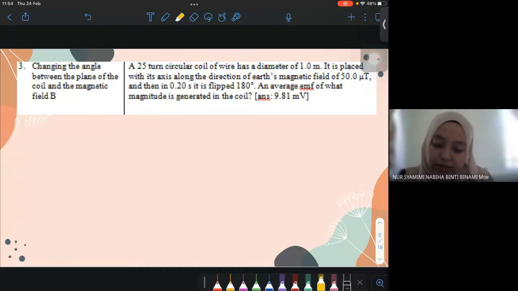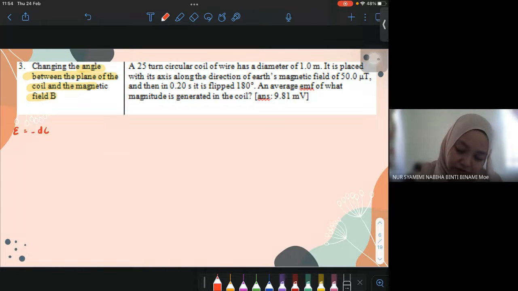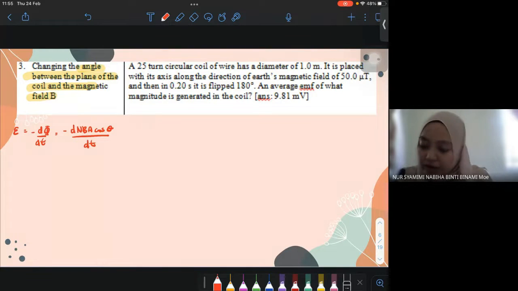Dia ialah changing the angle between the plane of the coil and the magnetic field. So as we know that induced EMF is equals to d flux over dt, and flux is equals to NBA cos theta.